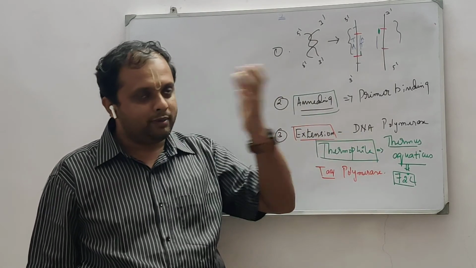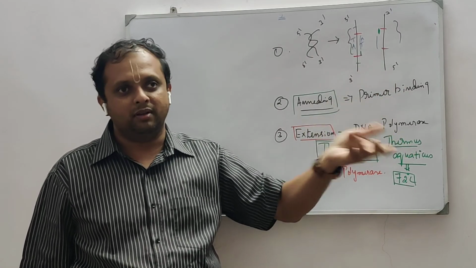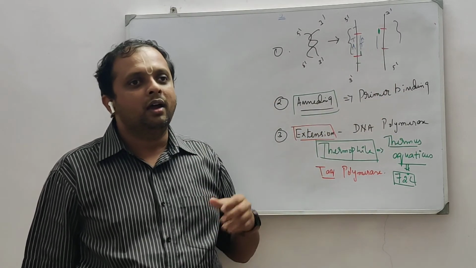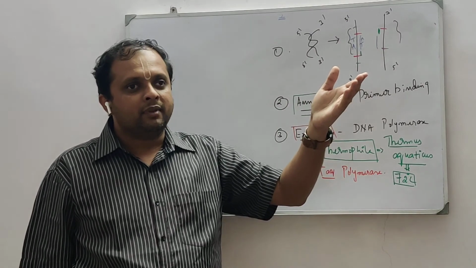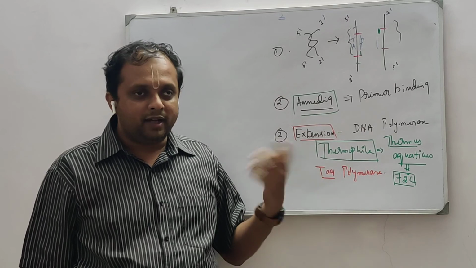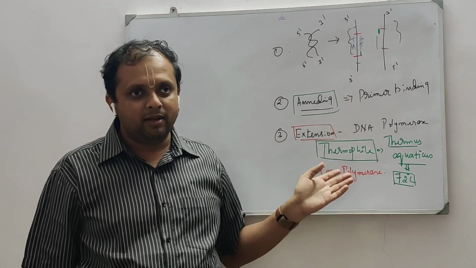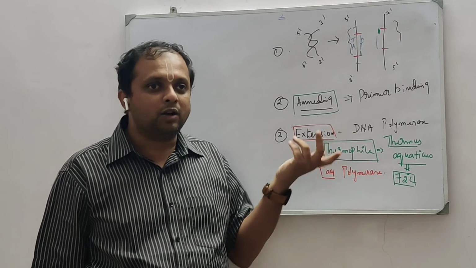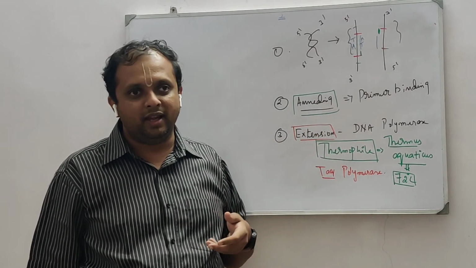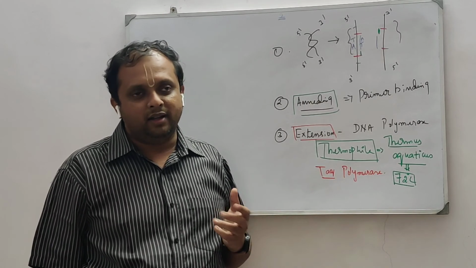So in case the person is COVID positive, you will be having the COVID virus in this sample, throat swab or sputum, whatever it be. So it will bind there and the reaction will be positive. So in case it is COVID negative, there is no virus, no viral DNA. So the COVID specific primer that you have added cannot bind since there is no COVID DNA there. Okay, so the reaction will be negative.